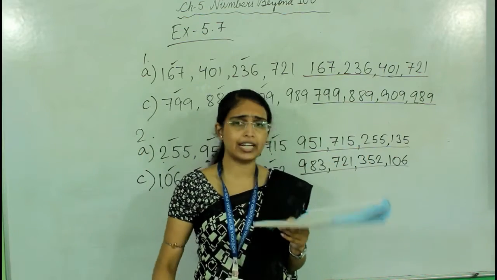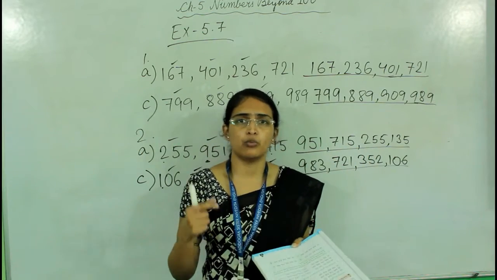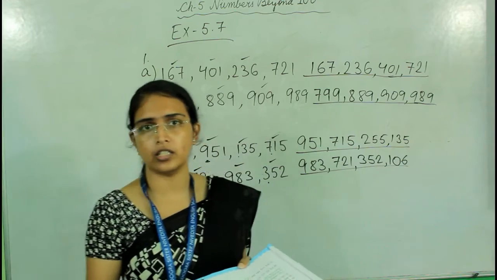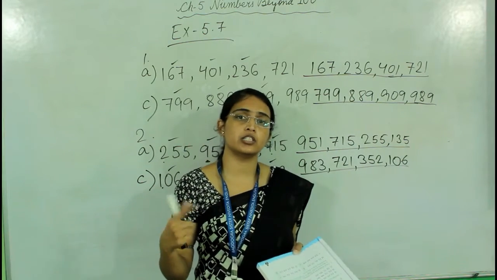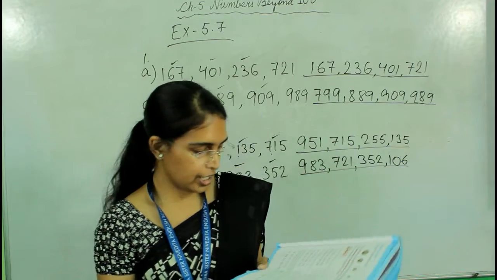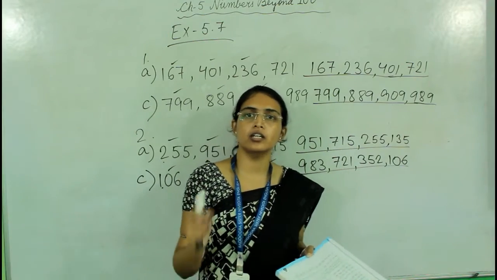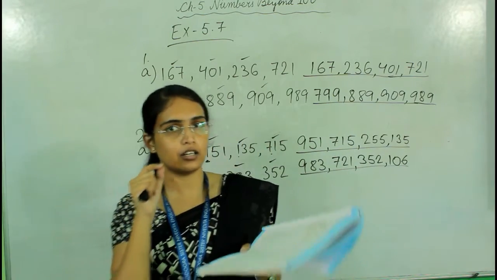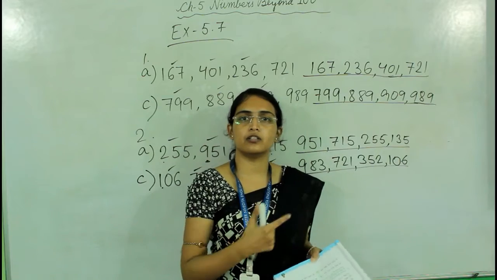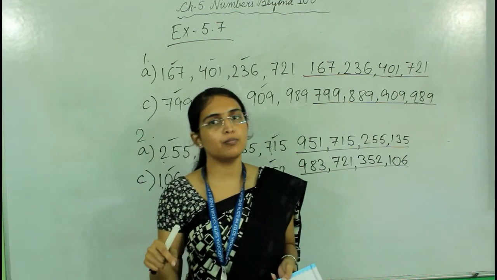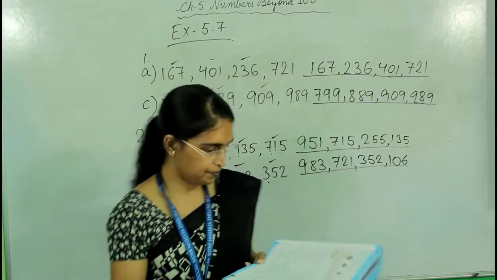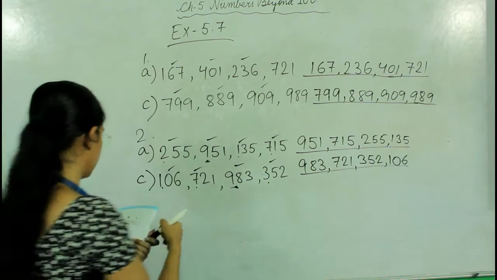We have to find out whether they are arranged in ascending order or increasing order, or they are arranged in descending order or decreasing order. If they are arranged in ascending order, we have to write A in the box, and if it is arranged in descending order, then we have to write D in the box. Okay. Now question number 3.